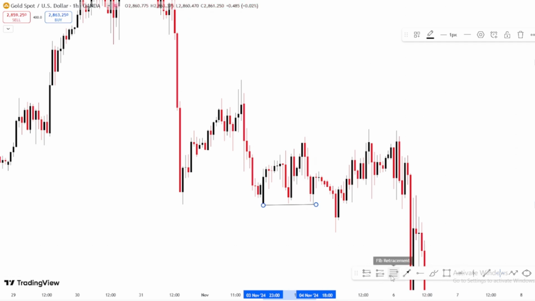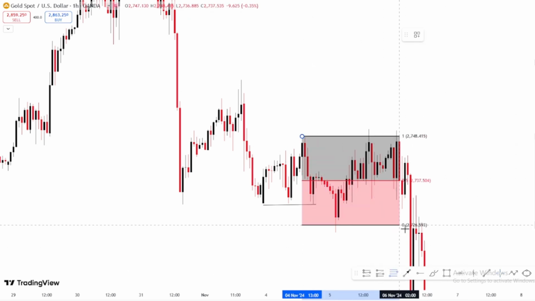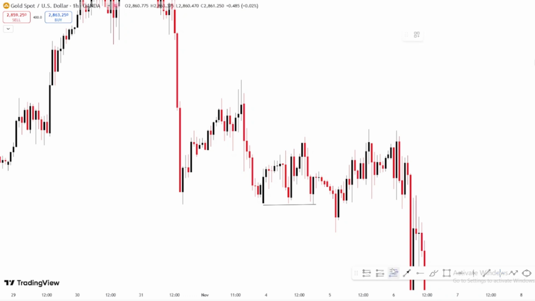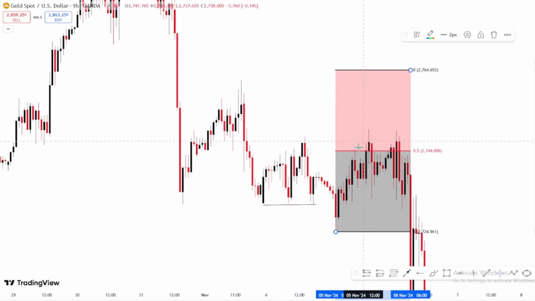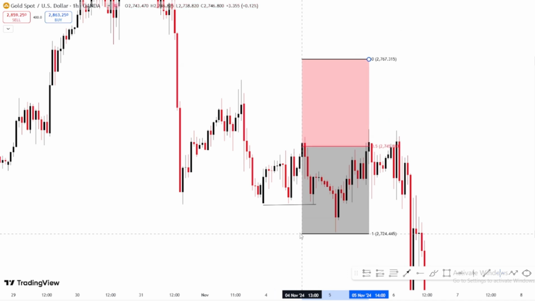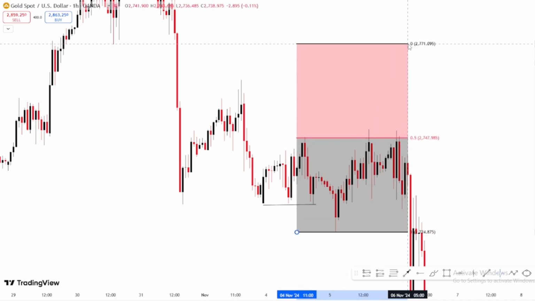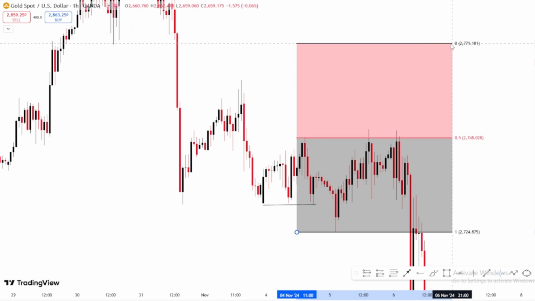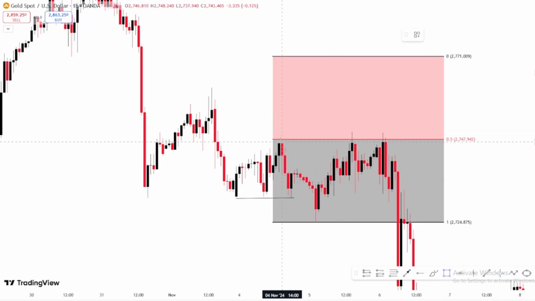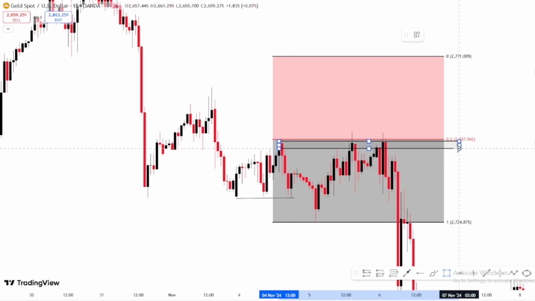So we take our Fibonacci, draw from there to this side, and draw from here to this side. So we have this one. This was the candle that led to the break of structure. There's a small candle.